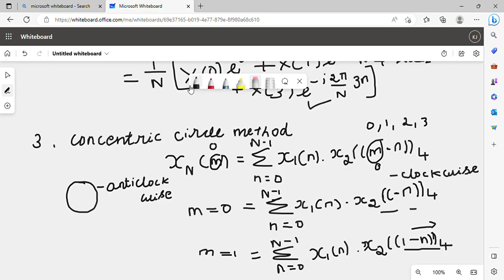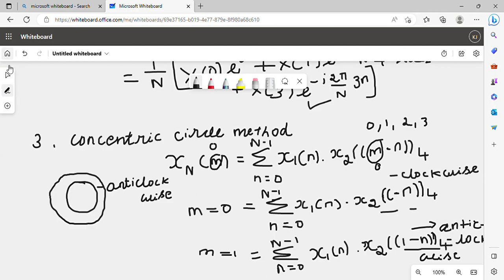Whatever x2 of minus n of 4 you have written in clockwise direction, that thing you are going to shift in anti-clockwise direction by one position, right?